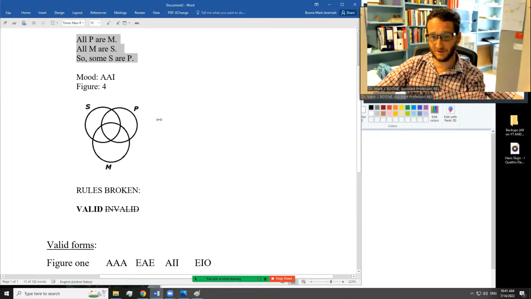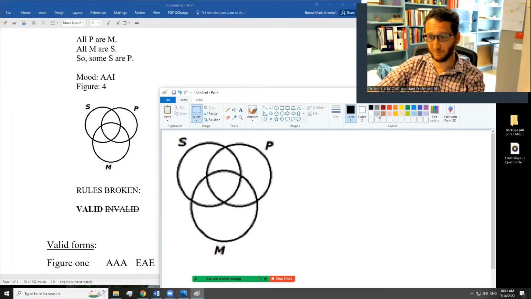So now Venn diagramming this, all P are M, all M are S, they're both universal premises. We can chart either one first. All P are M, that means nothing is a P but not an M. All M are S, nothing is an M but not an S. Now, does it follow that some S are P? No, you'd have to have an X somewhere in these regions.